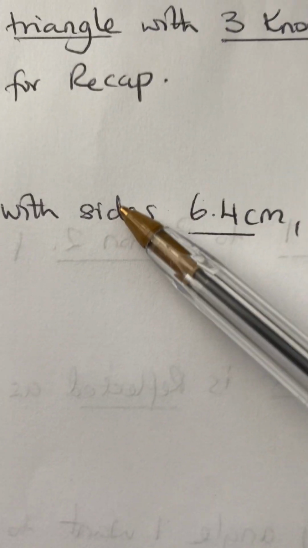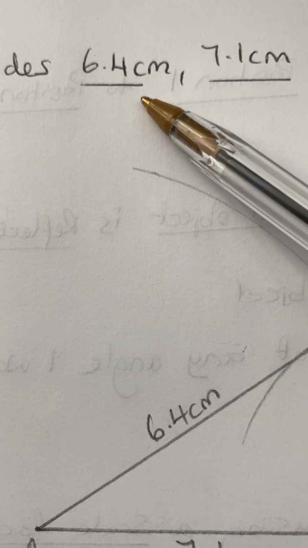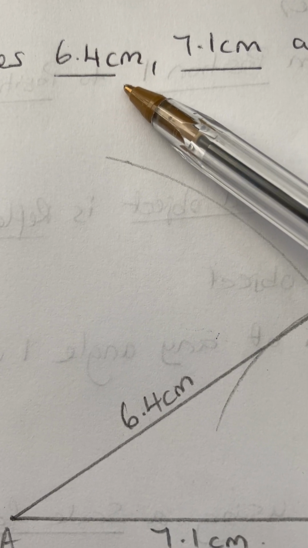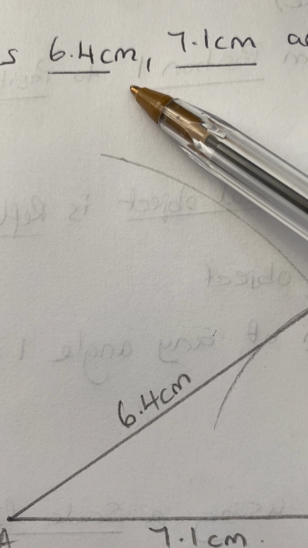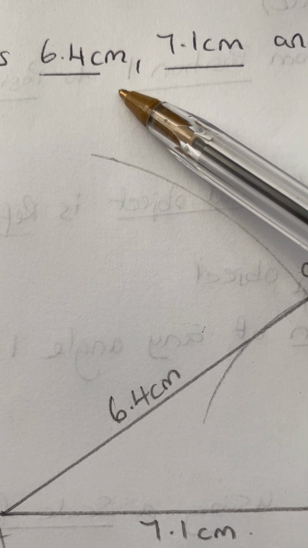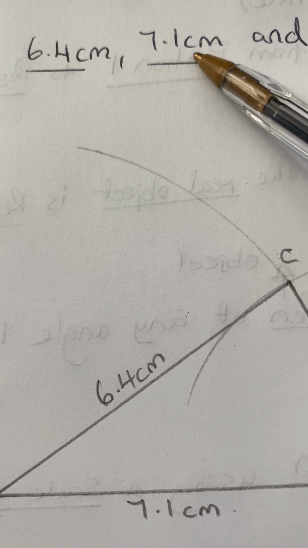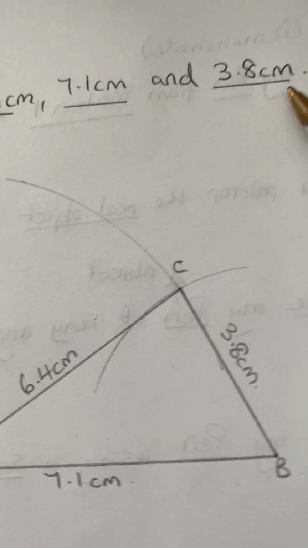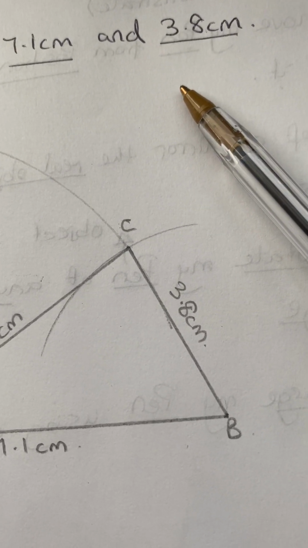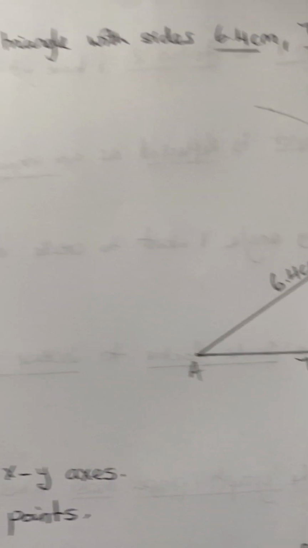Construct a triangle with sides 6.4 centimeters, 7.1 centimeters and 3.8 centimeters.